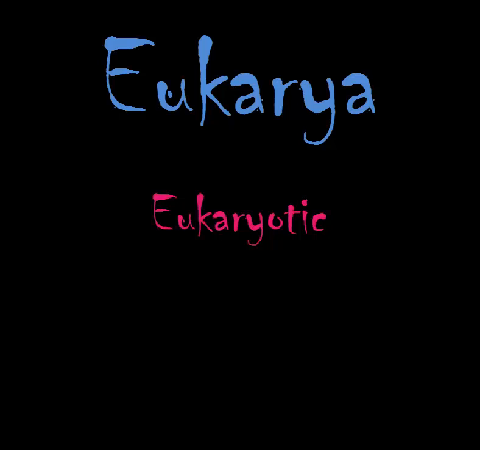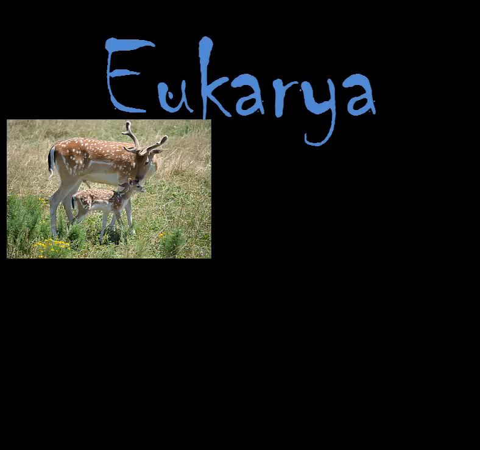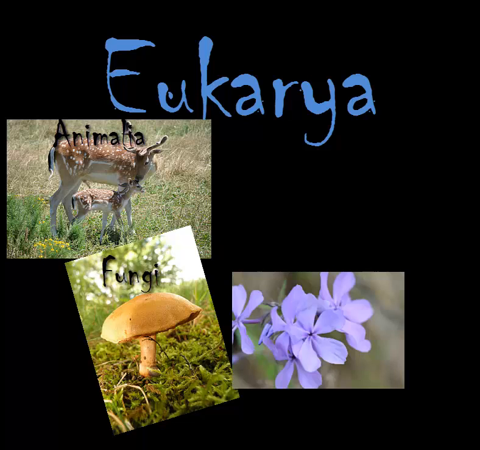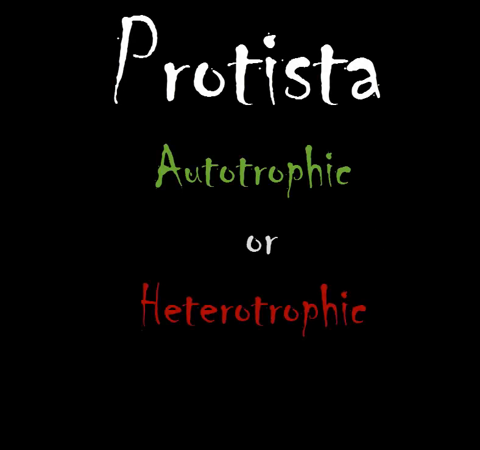Moving on to the eukarya, we encounter organisms that are eukaryotic, or have a nucleus in their cells and other membrane-bound organelles. The eukarya includes the animals, the fungus, the plants, and Protista. Let's start with Protista. Protista may be autotrophic or heterotrophic.